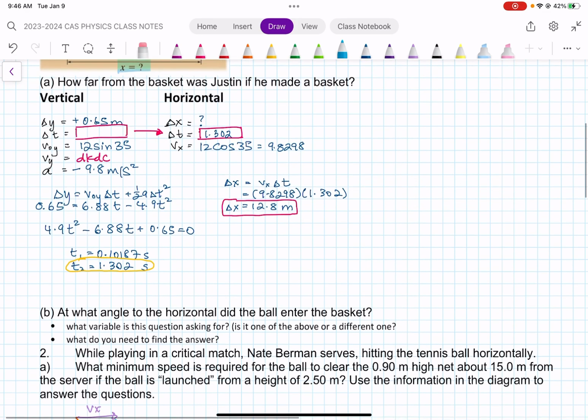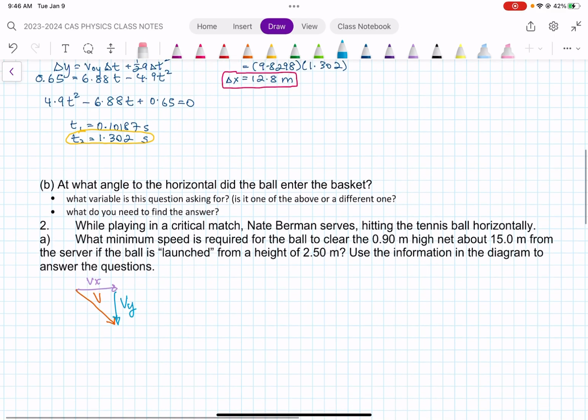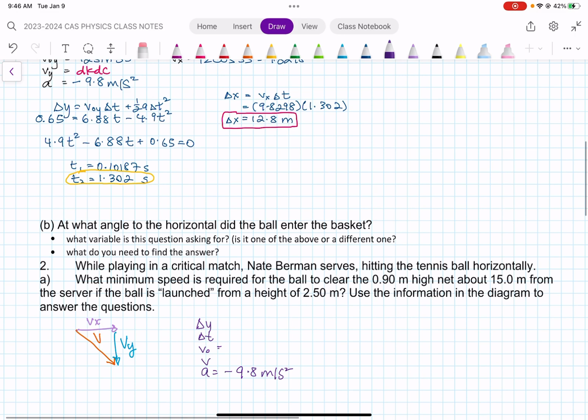So what I'm going to do here is list my given information again. Delta y, delta t, v0, v, and a. This is still negative 9.8 meters per second squared. My v0 is still the same. It's still 6.88 meters per second.